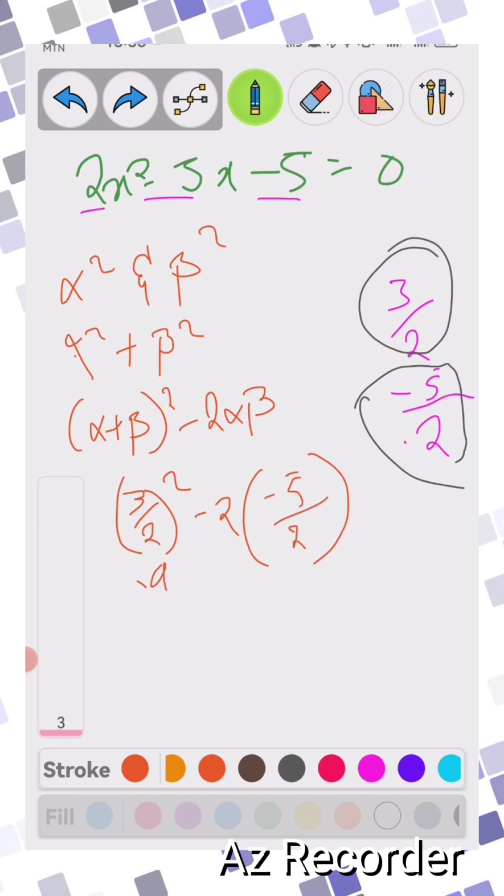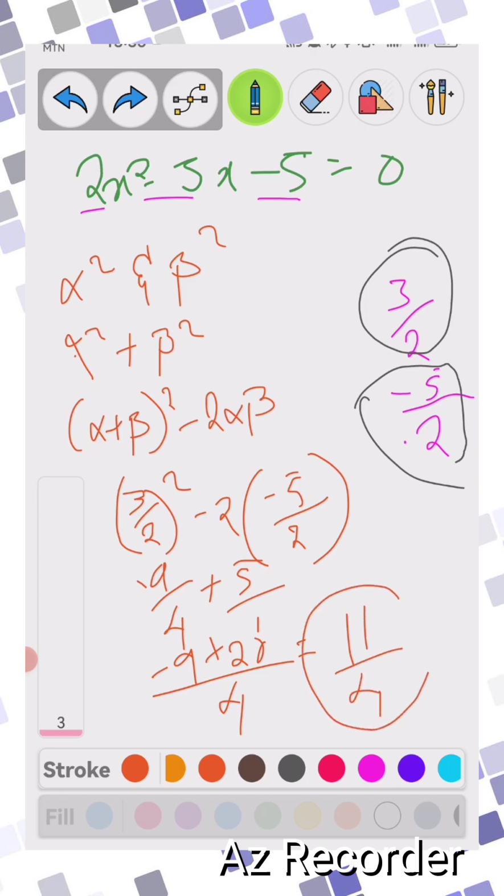So it's going to be 9 over 4, and then plus 5. Now this one I just have to finish. So this is over 4. 4 into 4 is 1, so it's going to be 9 there. 4 times 5 is 20, so that's going to be plus 20. So this is going to give you positive 29 over 4. So positive 29 over 4 is the sum of my given roots.